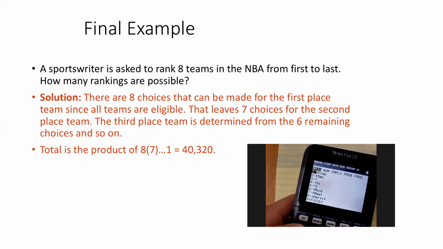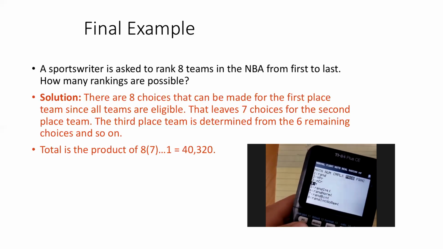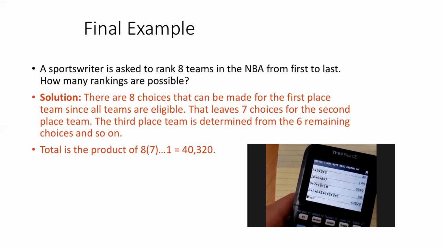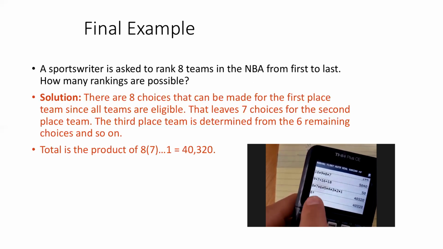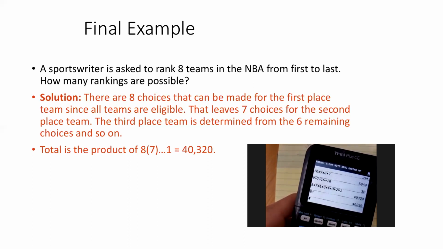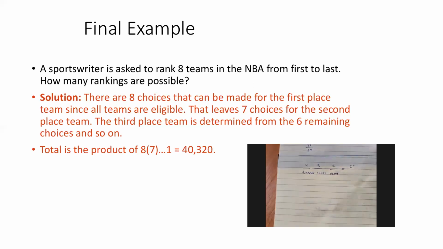Now, if we go to math, PROB, and put 8 in there, it has 8 factorial, and it gives me the same exact thing. 8 factorial just means this, not 8 with excitement. It means you're going 8 times 7 times 6 times 5 times 4, all the way down to 1.